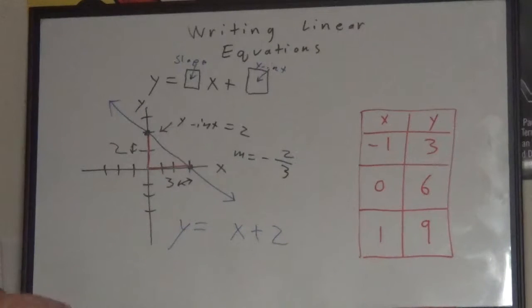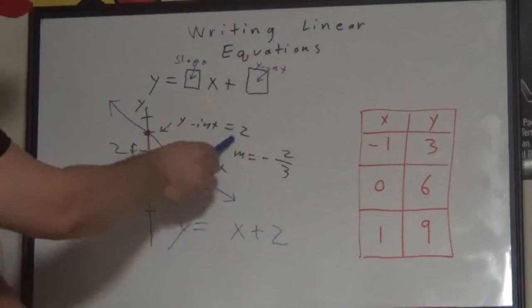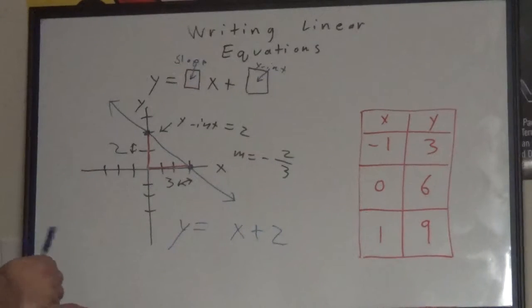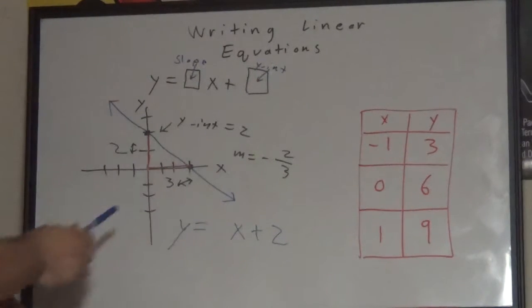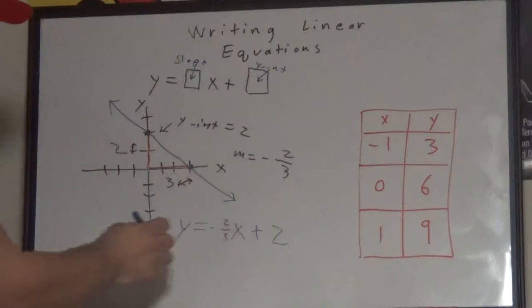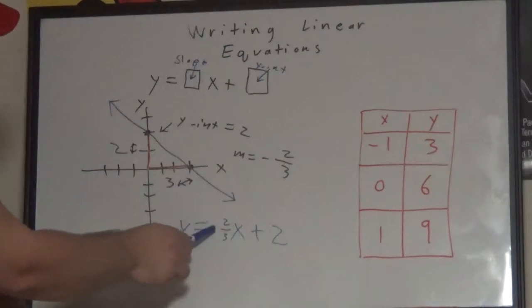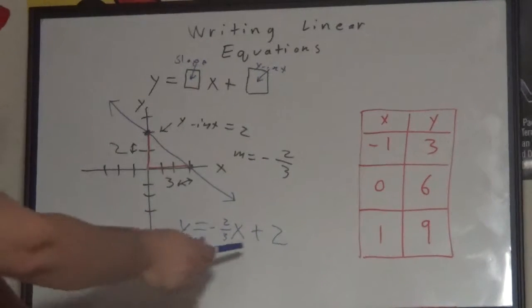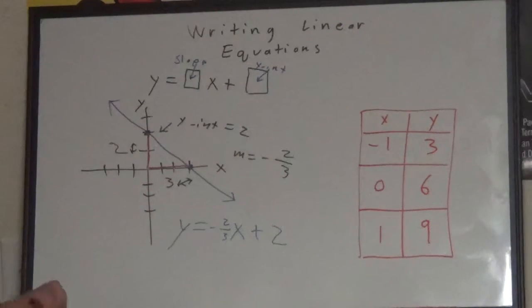That's our run. So our y-intercept is 2 and our slope is negative 2 over 3. Negative again because it goes downhill. So our equation is written in the format y equals negative 2/3 x plus 2. Should be pretty easy, I hope.